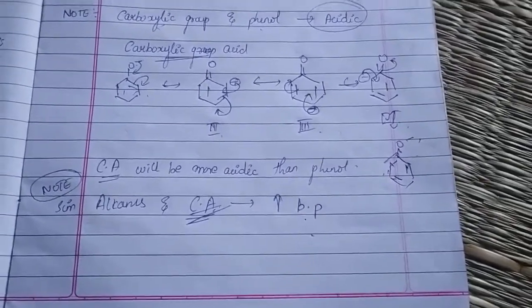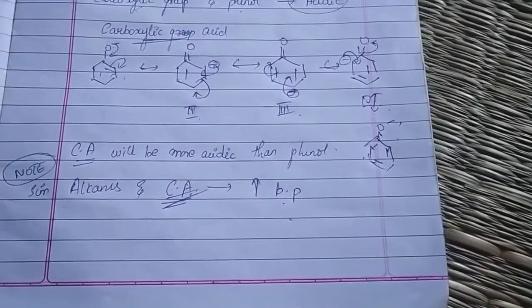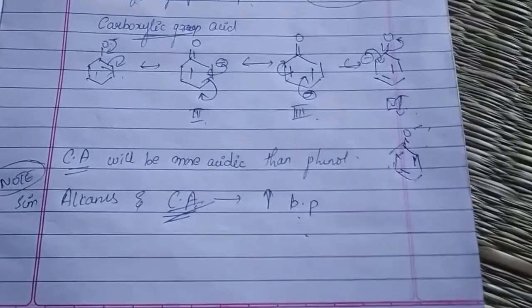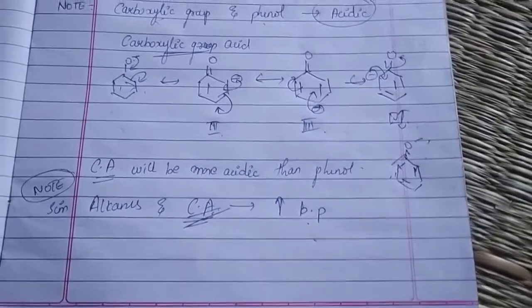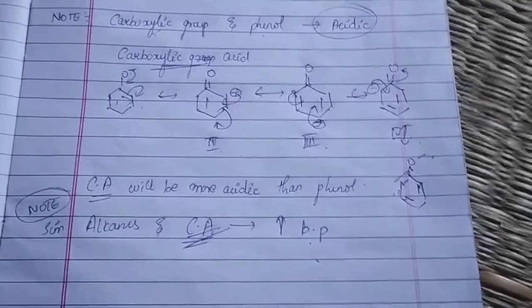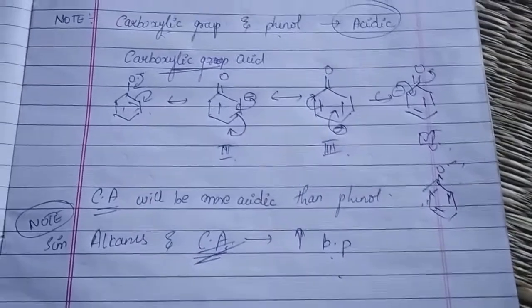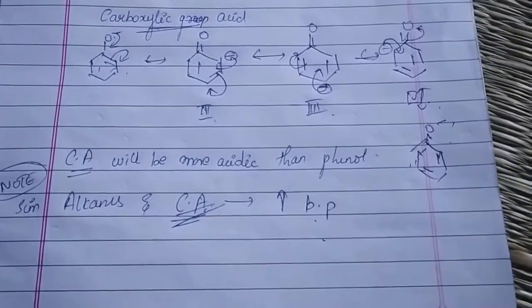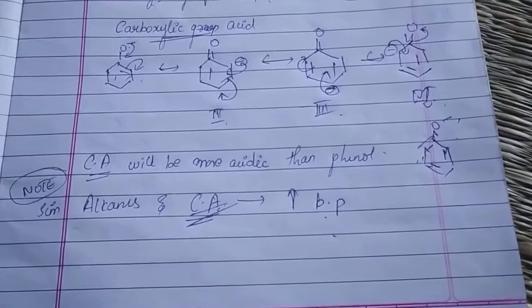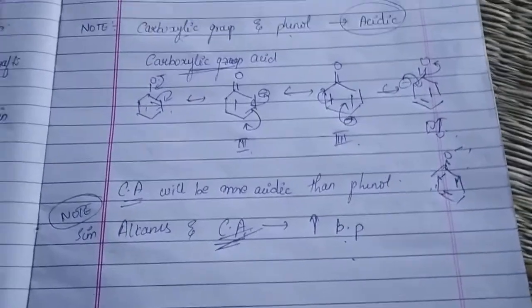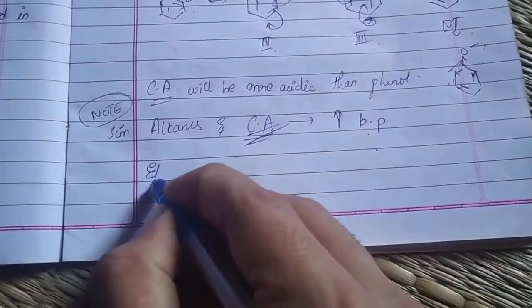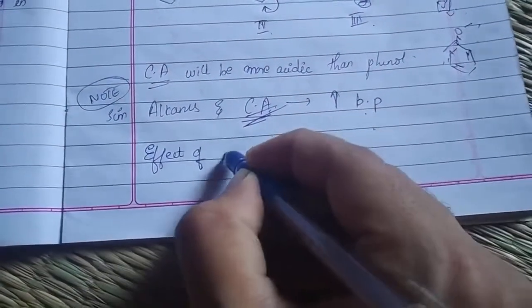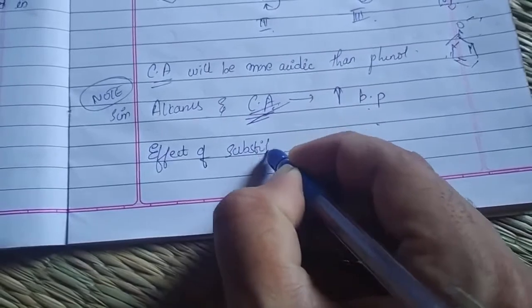So next important part, we are going to understand what will be the effect of substituents on your carboxylic group. That means if an electron withdrawing group is present, whether the acidic nature increases, or if an electron donating group is present, whether the acidic nature decreases. So that will be understood when we look at the concept: effect of substituents.